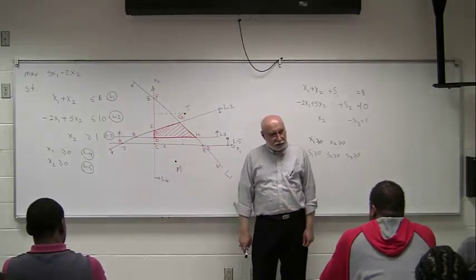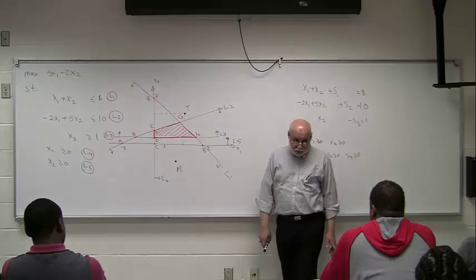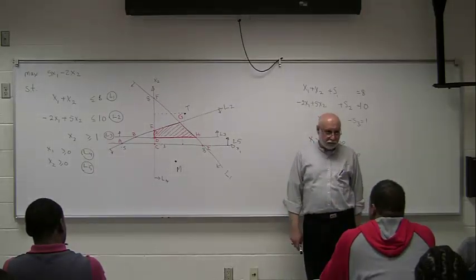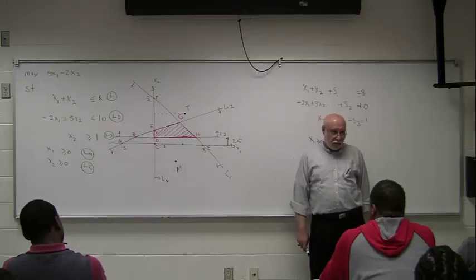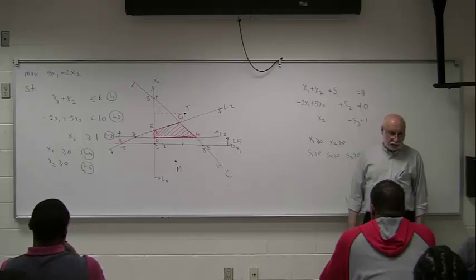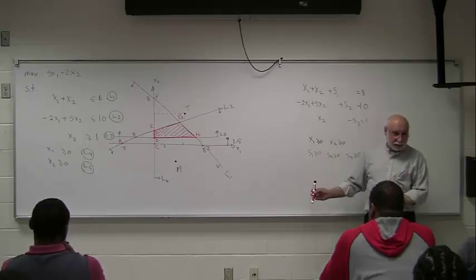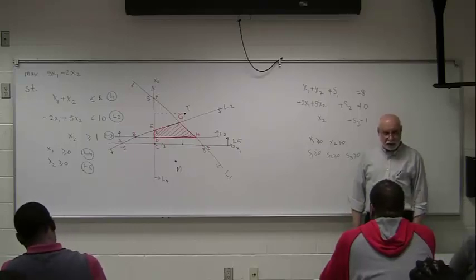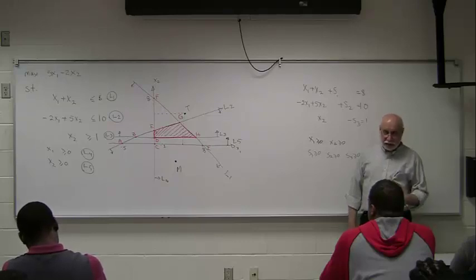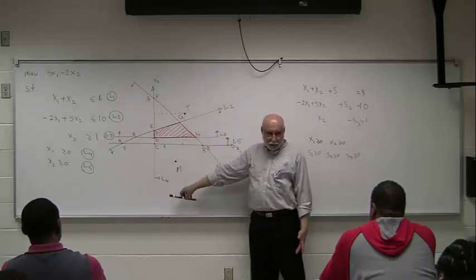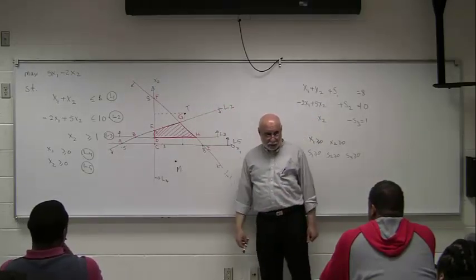So S1 is greater than 0. What about L2? S2 is greater than 0. It's in the direction of the solution. So S2 is greater than 0. What about S3? It's negative. It's less than 0, because the direction of solution is the other way, and this point is on the wrong side of that solution.